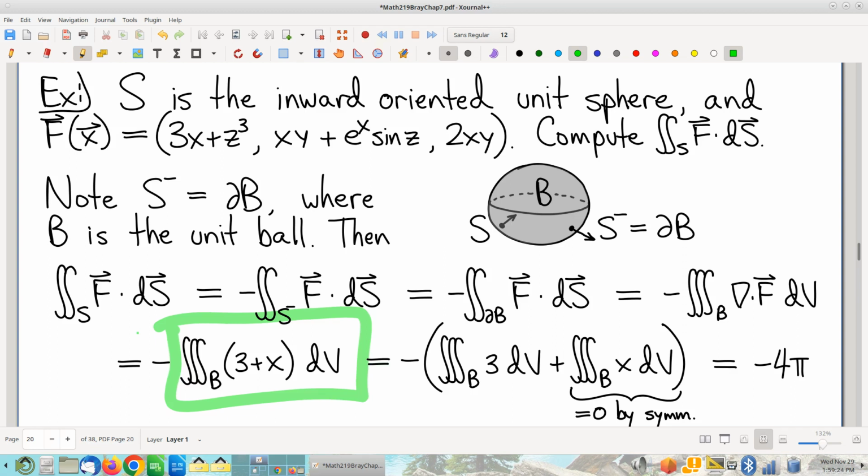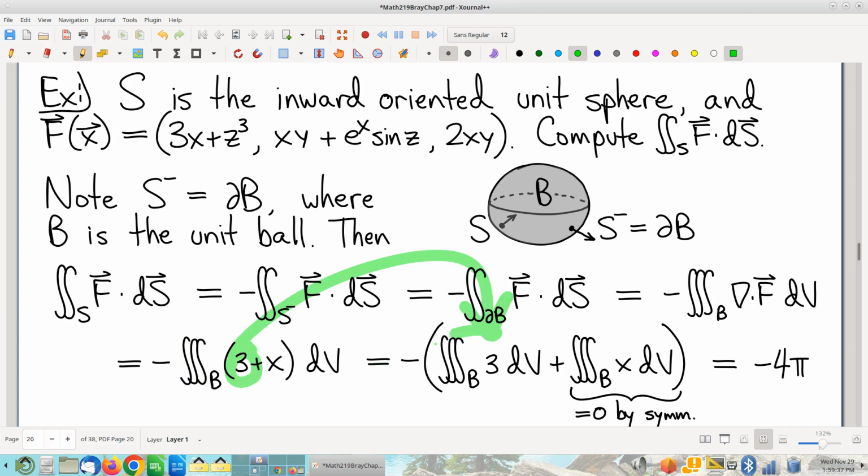It's not a constant, so you can't use geometry. So it's arguably a hard integral, but the slick move, and it's an easy move, but also really slick, is to turn this into two separate integrals, one corresponding to each of the terms. The blue integral is 0 by a symmetry argument. The green integral is easy arithmetic using geometry.